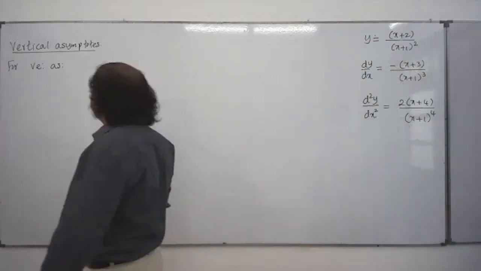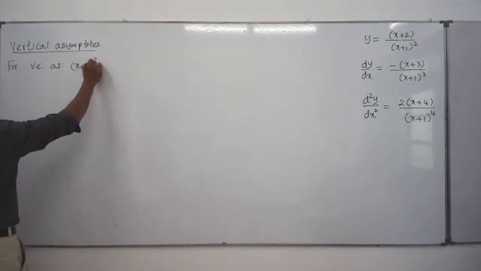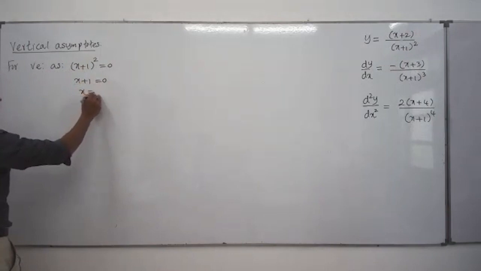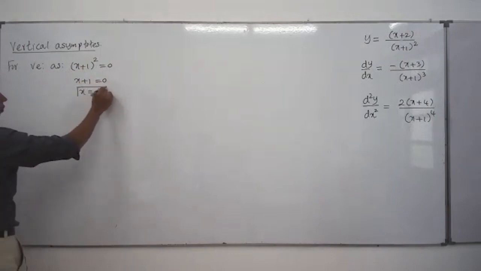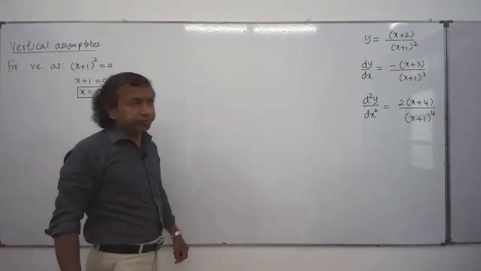So (x+1) squared should be equal to 0, which means x plus 1 equals 0, x equals minus 1. Our vertical asymptote is at x equals minus 1.